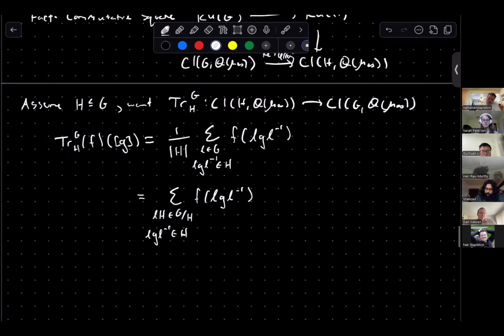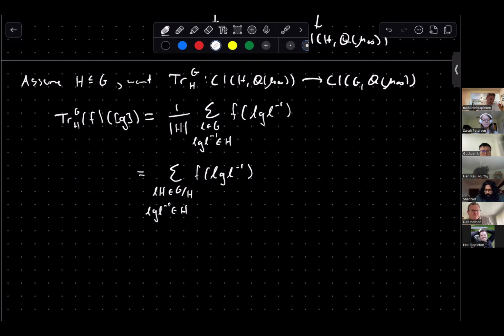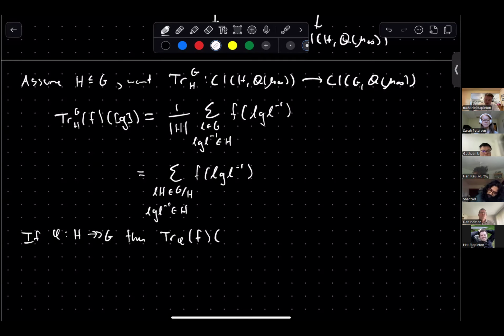But this was only for an injection, and I want to also tell you what the formula is for a surjection. So if I have some surjection phi from H to G, then the formula here is given by 1 over the order of the kernel of phi times the sum over h in phi inverse of little g of f of h.